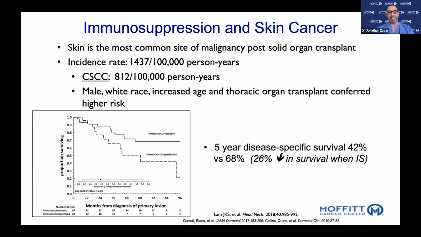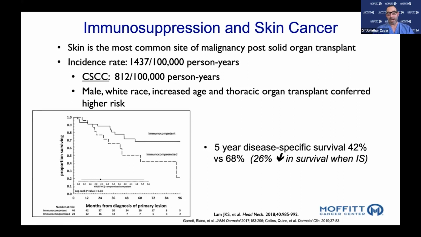Skin is the most common site of malignancy in transplant patients and this immunosuppressed population. It's more common than in a non-immunosuppressed population. And you can see if you're immunocompetent, you do better than the immunocompromised patients.